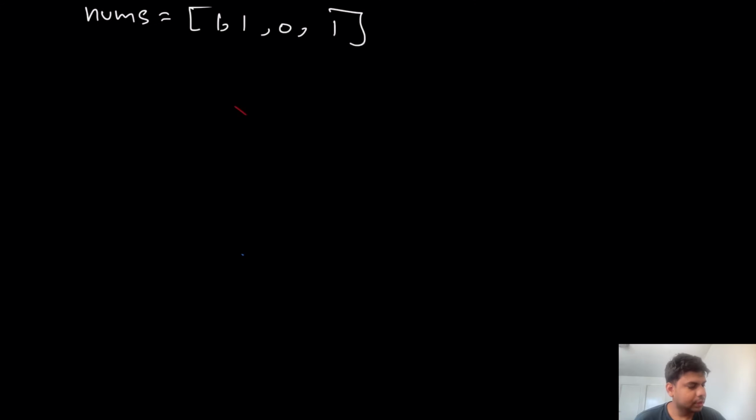So this is the example that they have given. What is the answer, the maximum size of the window? If you take this entire array as the window, it has just one 0 here.